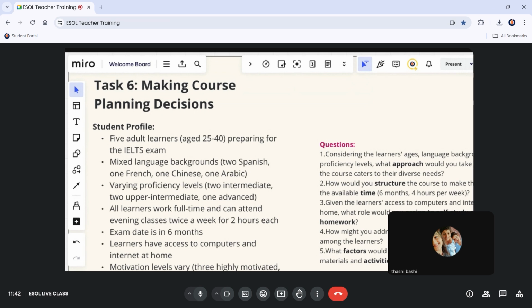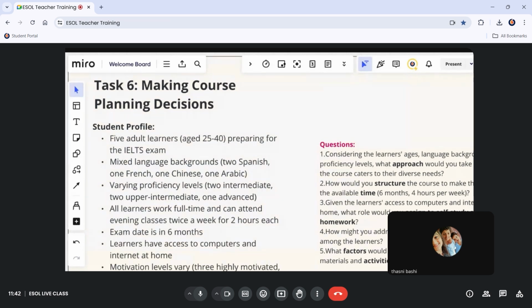Secondly, as a part of culturally responsive teaching, I would integrate culturally diverse materials and examples that reflect learners' backgrounds. For example, using text and listening materials that include different languages and contexts to make learning more relevant and engaging, through flexible teaching methods like collaborative projects, individual tasks, and technology enhanced learning to address different learning styles.